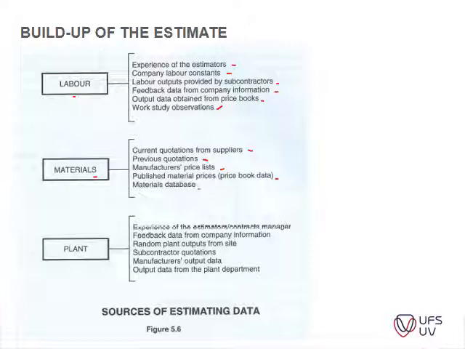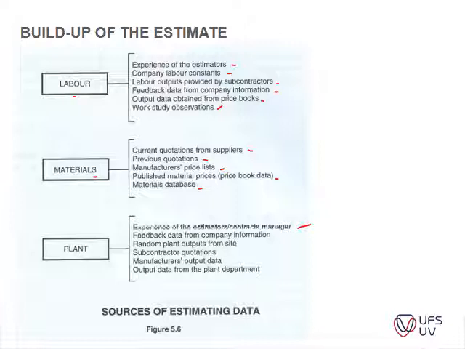And then you start building up a material database. That's very handy whenever you do tenders, because it just makes the estimation process quicker whenever you have a nice database set up. Then you look at your plant. The experience of the estimator is very important with your plant because it's all about operation time and cost whenever you're calculating your plant.